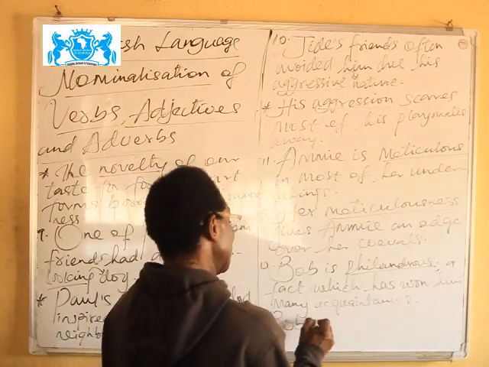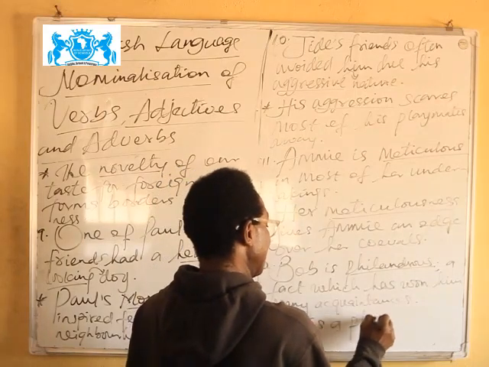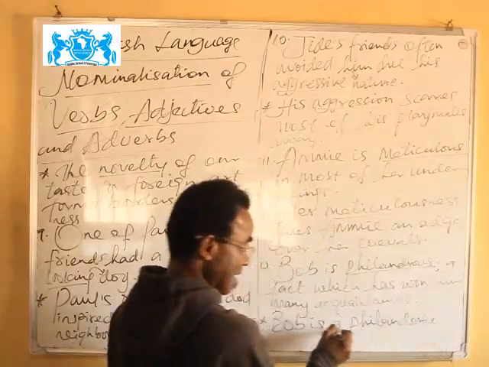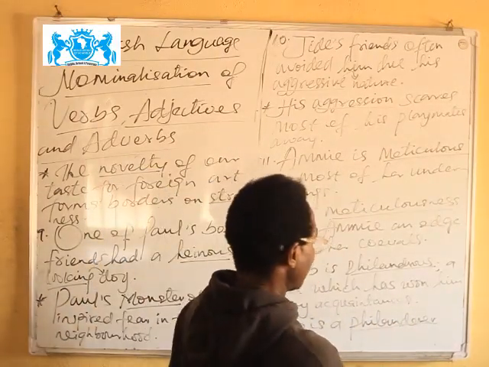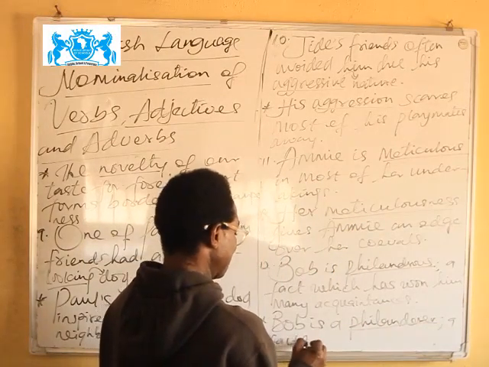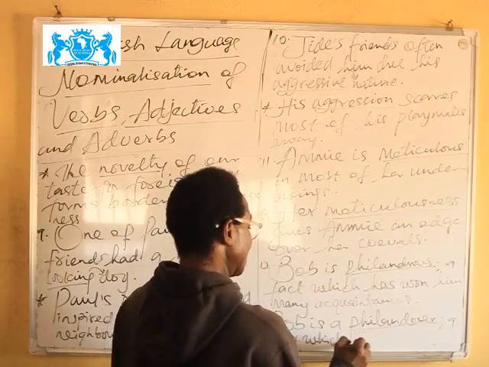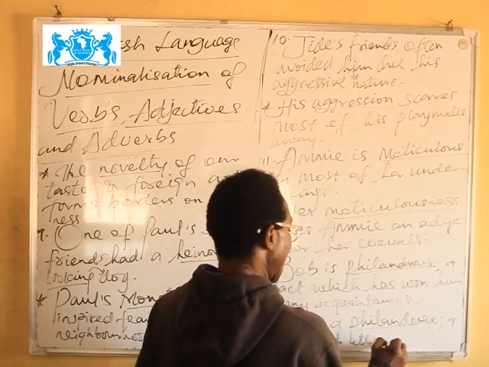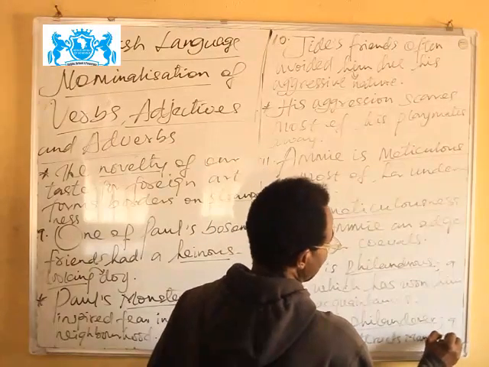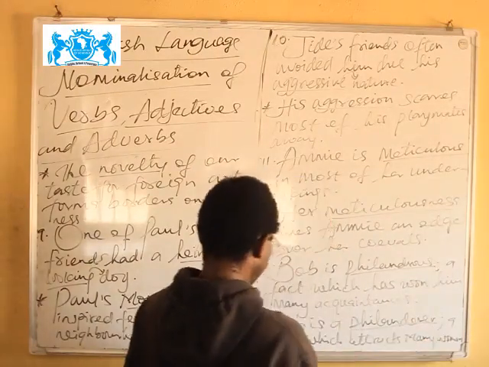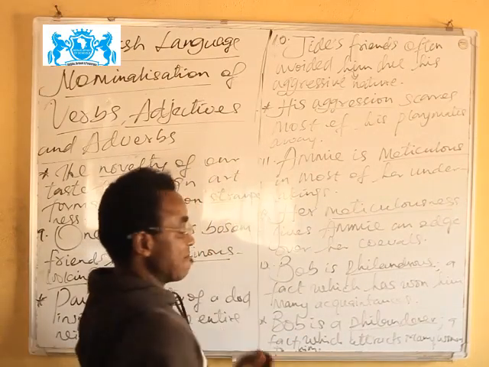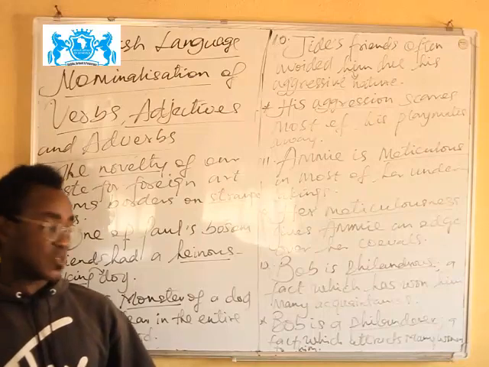Bob is a philandra, a fact which attracts many women to him.